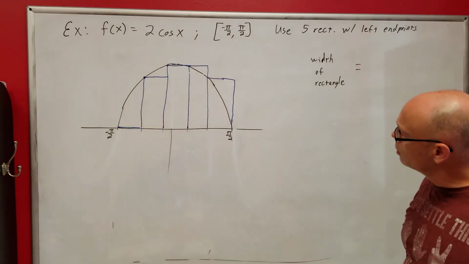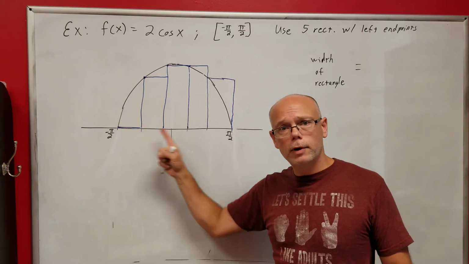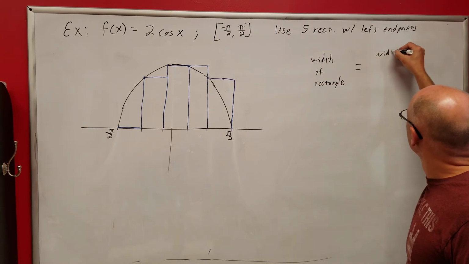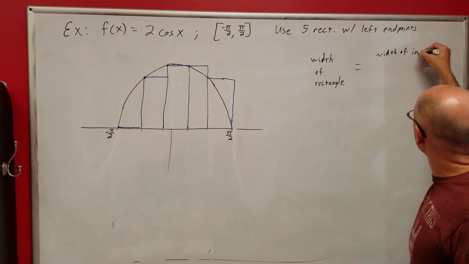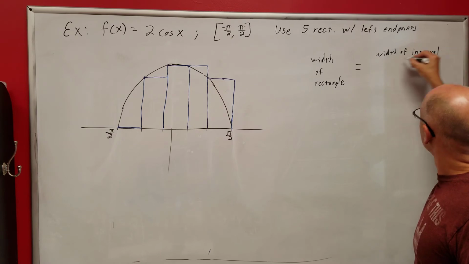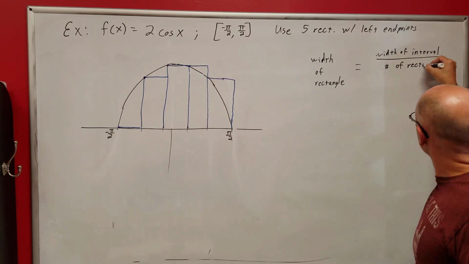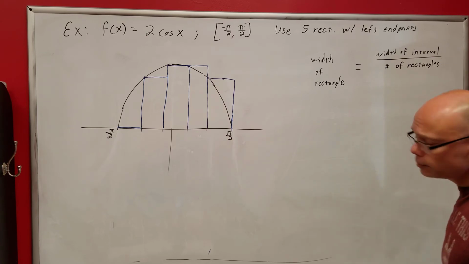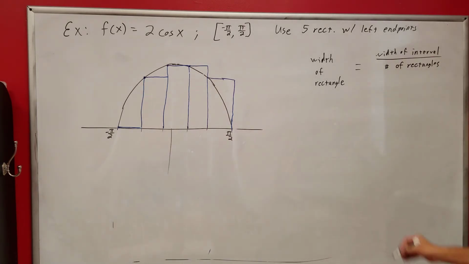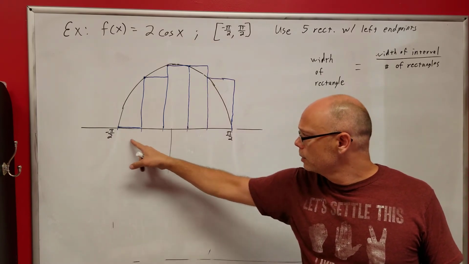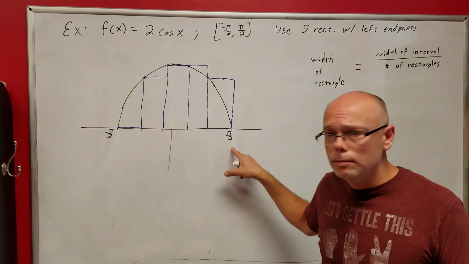Okay, that'll be equal to the width of this interval divided by the number of rectangles. Width of interval divided by number of rectangles. So what's the width of the interval from negative pi over 2 to pi over 2?